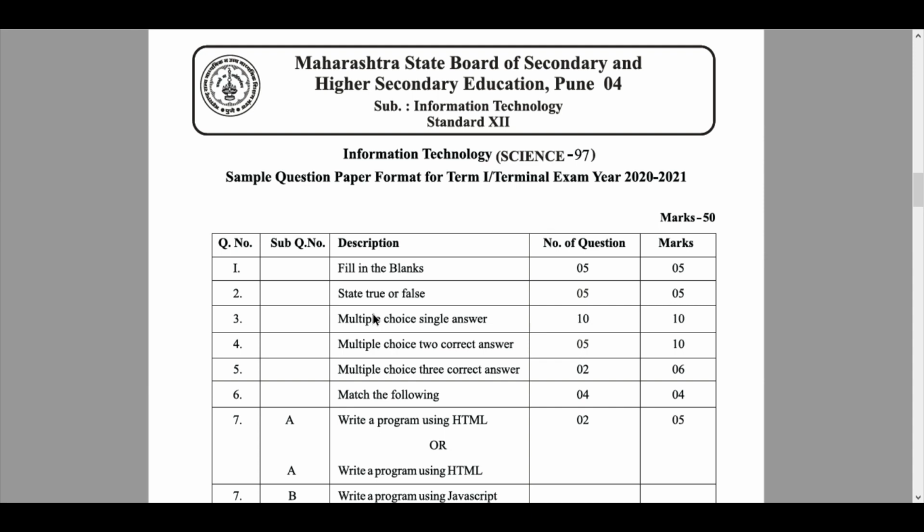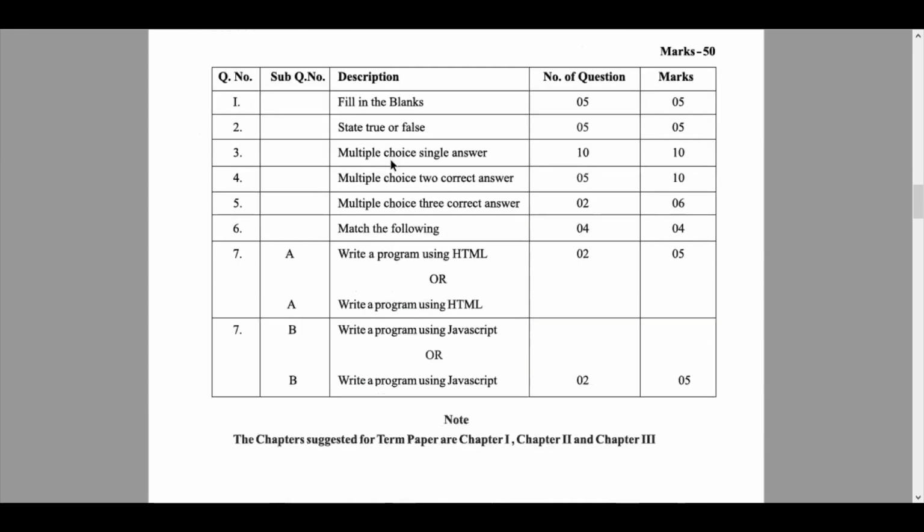Multiple choice 3 correct answers for 2 questions to be asked, for which 6 marks have to be provided. Then we'll have match the following, 4 questions for 4 marks. Then we'll move forward to our subjective content. Here we'll have 2 parts.